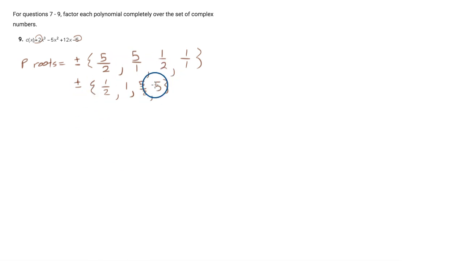So we could use Descartes' rule to try to find out the number of roots. Let's go ahead and do that. So if we take a look at our function, we have a positive, a negative, a positive, and a negative. That represents 1, 2, 3 sign changes, which means that we could have a possible positive number of roots of 3, which is great since we know that there are 3 total roots.